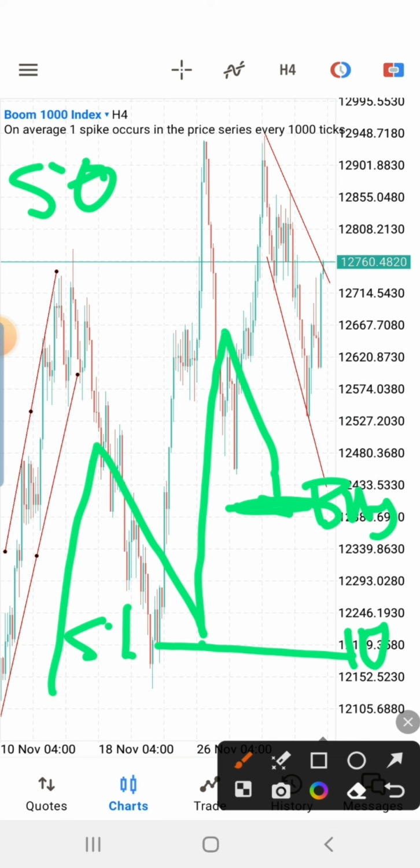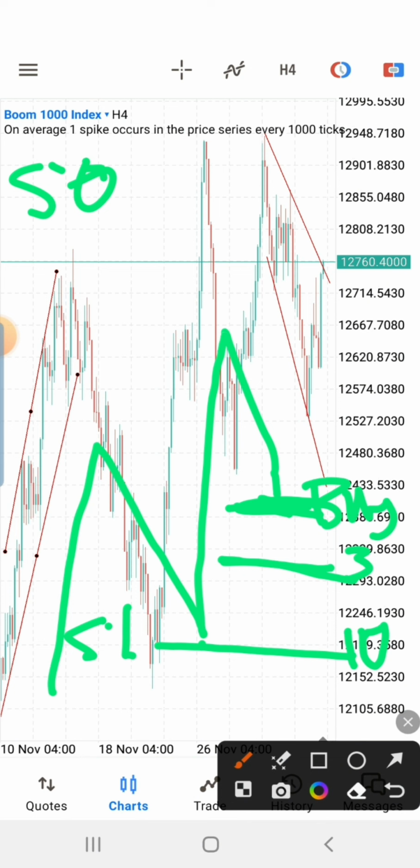Most of us, what we are going to be doing is that we are going to take this setup and we're going to set our stop loss at this point, so that we risk about, let's say, $3 or $4, because we have checked our account and if we are risking $10 in a $50 account, we are going to blow the account faster, right? What we have to do is to set our stop loss closer or more tight, so that we cannot lose more than like $3, $4 or $5 per trade.